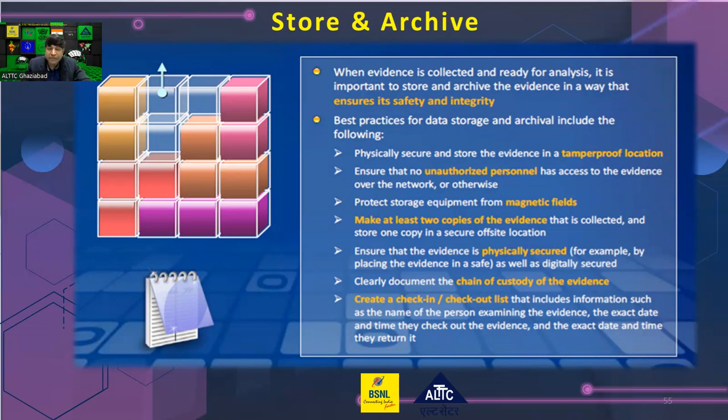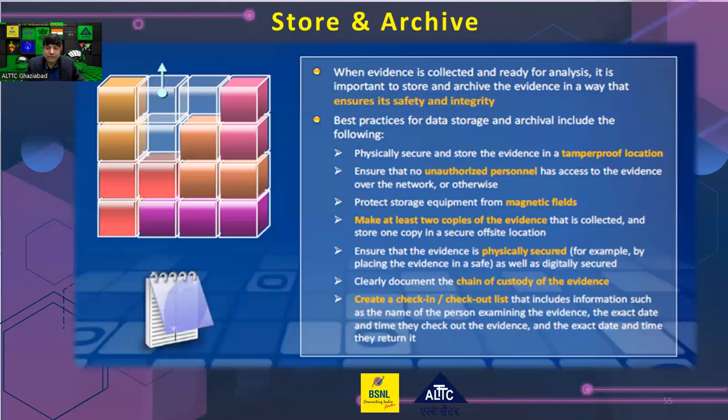Physically secure and store the evidence in a tamper-proof location. Ensure that no unauthorized personnel has access to the evidence over the network or otherwise. Protect storage equipment from magnetic fields. Make at least 2 copies of the evidence that is collected and store 1 copy in a secure off-site location.